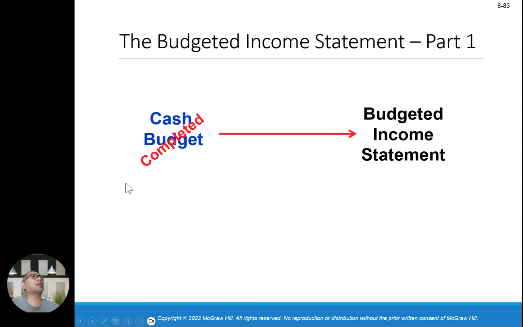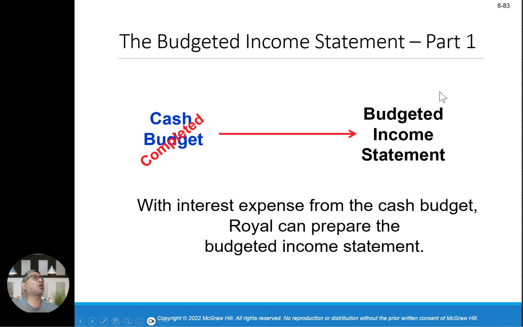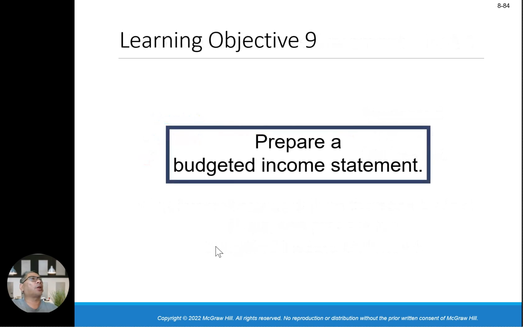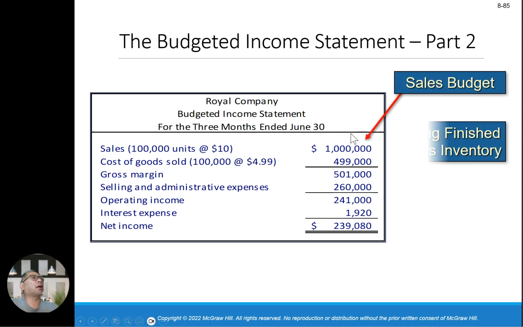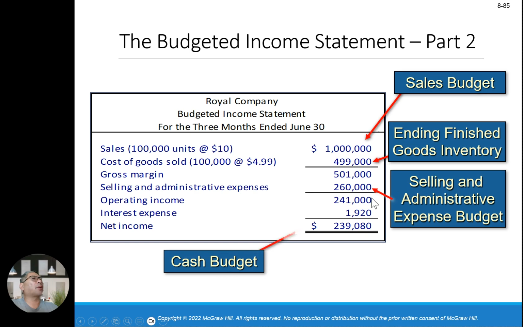All right, let's look at this completed cash budget. Then you're going to prepare the budgeted income statement with the interest expense from the cash budget. When you do so, that is objective number 9, and you're going to plug in the numbers: sales budget, inventory, selling and administrative expense. So you get here sales of $1 million, CGS is $499,000, which is based on ending inventory. You get the gross margin of 501,000.